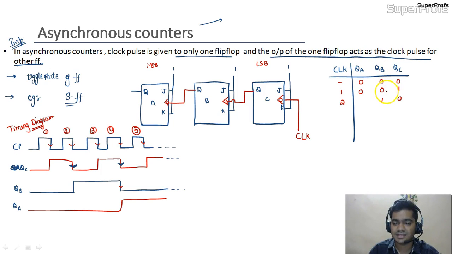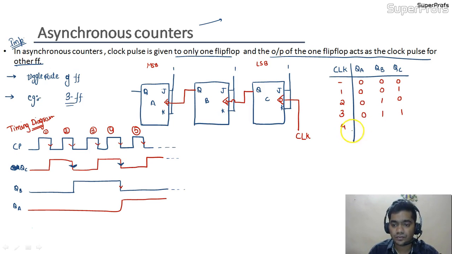As this is a rising edge, changing from 0 to 1, QA would not be triggered, and it would remain at 0 only. Now after the third clock pulse, QC would again become 1. As this is the rising edge, the QB output would not change, and as QB is not changed, QA will also not change.